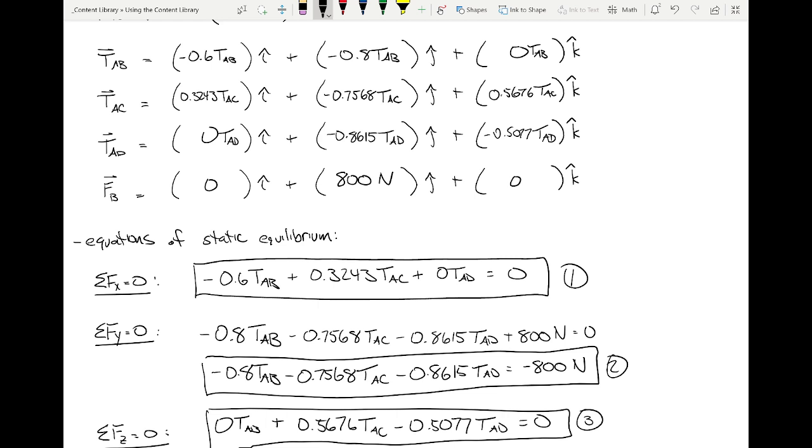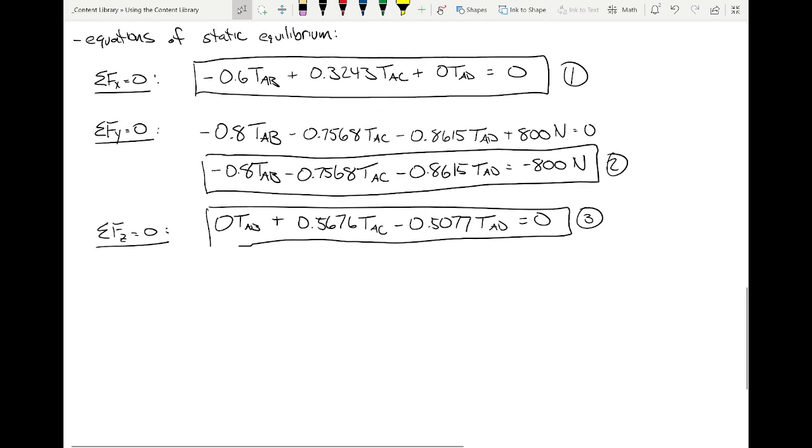Okay, so now I'm going to take these components, and now I need to solve them out. Now how do I do that? I'm going to write these equations in matrix form.